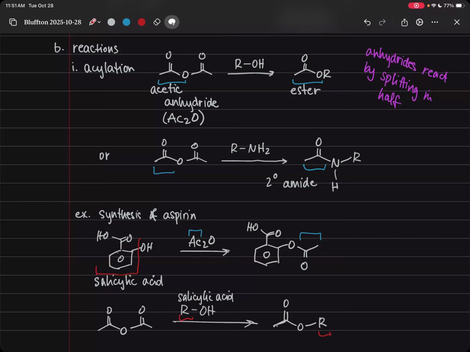Okay, so the last little section that we'll talk about today is the parent carboxylic acids.